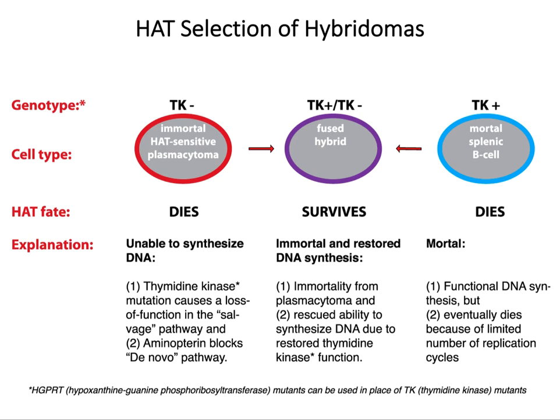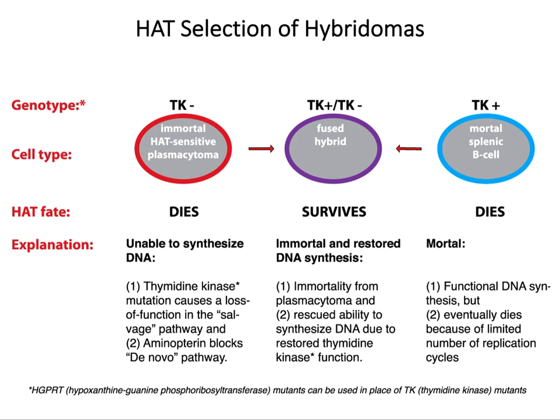Hypoxanthine aminopterin thymidine medium, or HAT medium, is a selection medium for mammalian cell culture, and let's elaborate on that. It relies on the combination of aminopterin, a drug that acts as a powerful folate metabolism inhibitor by inhibiting the enzyme dihydrofolate reductase, with hypoxanthine, a purine derivative, and thymidine, a deoxynucleoside, which is a precursor of deoxynucleotides, the building blocks of DNA, which are intermediates in DNA synthesis.